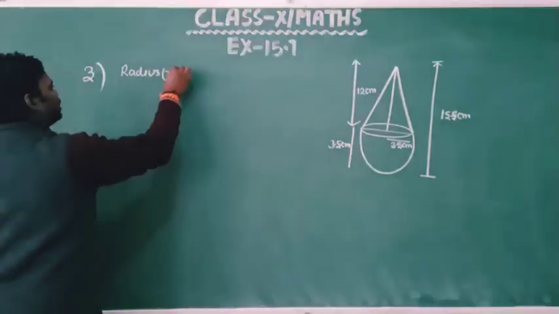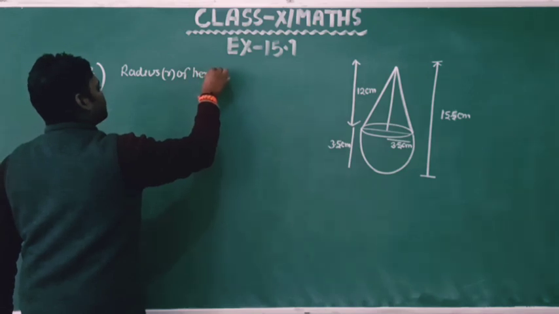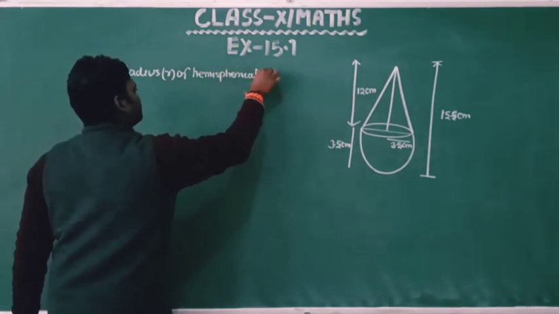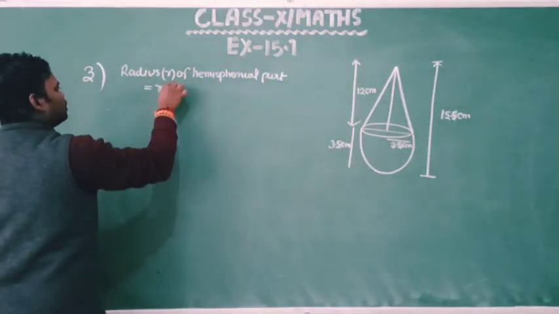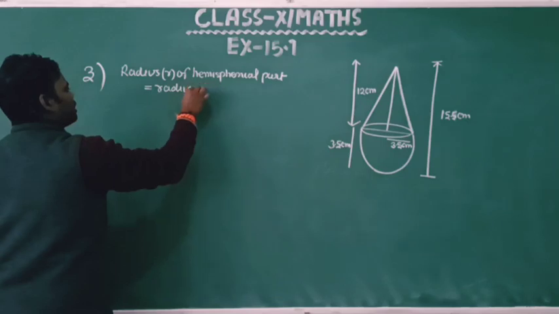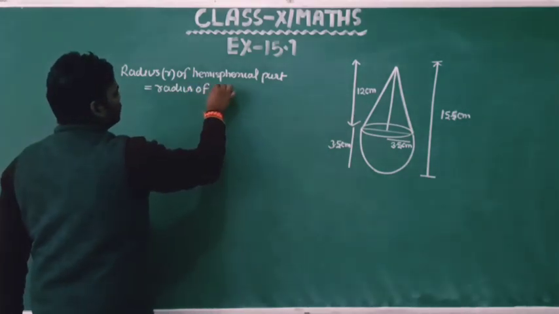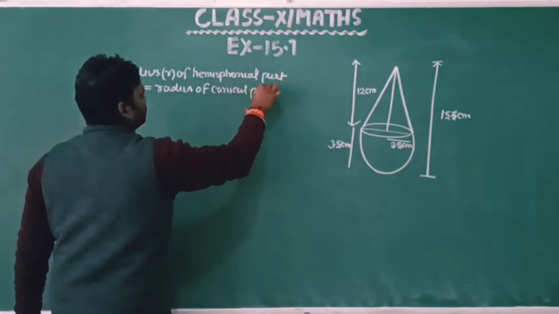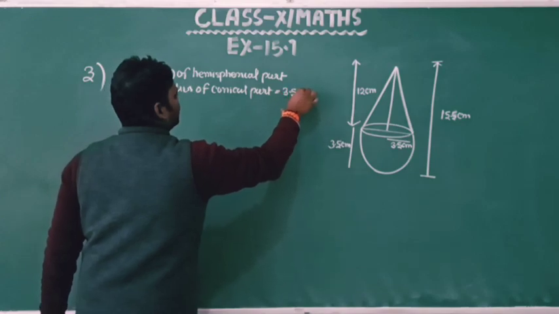Radius r of the hemispherical part is equal to the radius of the conical part, which is equal to 3.5 centimeter.